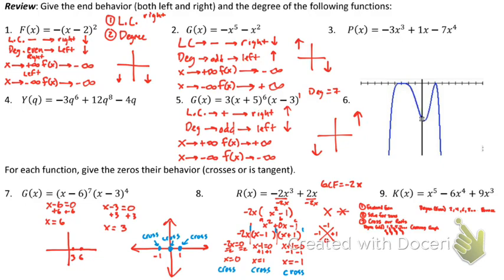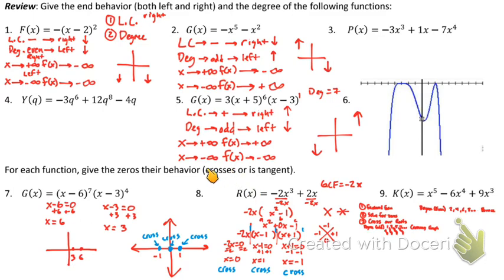So that's what you wanted to do for 7, 8, and 9. We're just labeling them. Do my zeros get crossed? That means they have an odd degree for each factor. You look at the factors individually. If it's an even degree for the factors individually, that's when we have a bounce, or what we call a tangent.